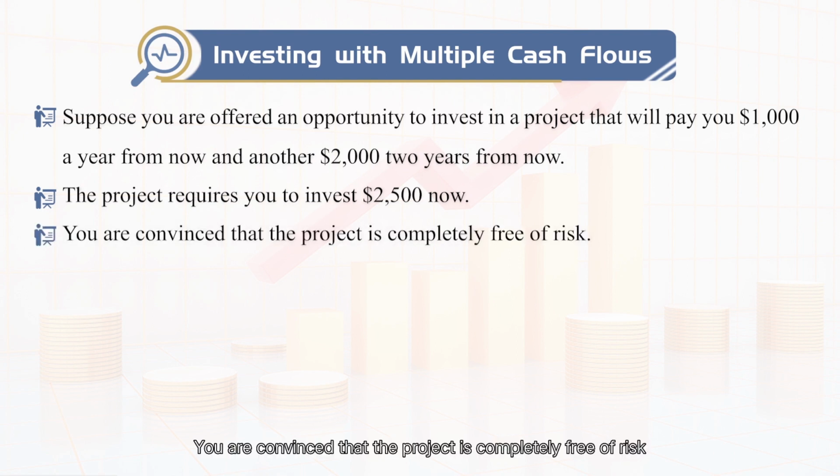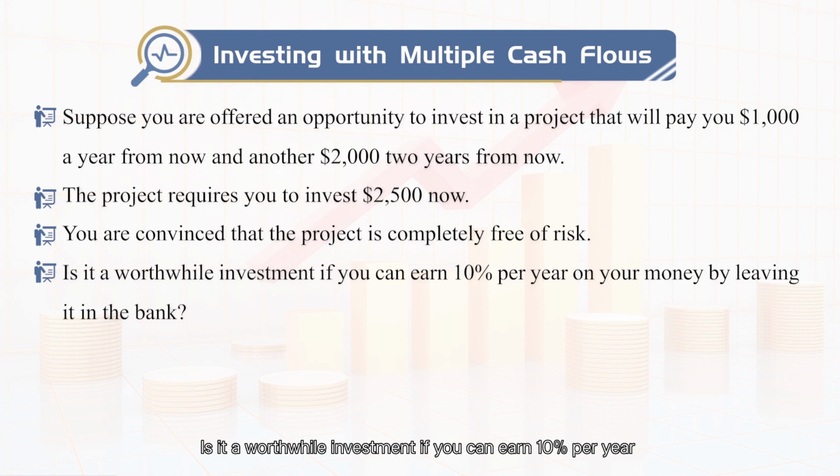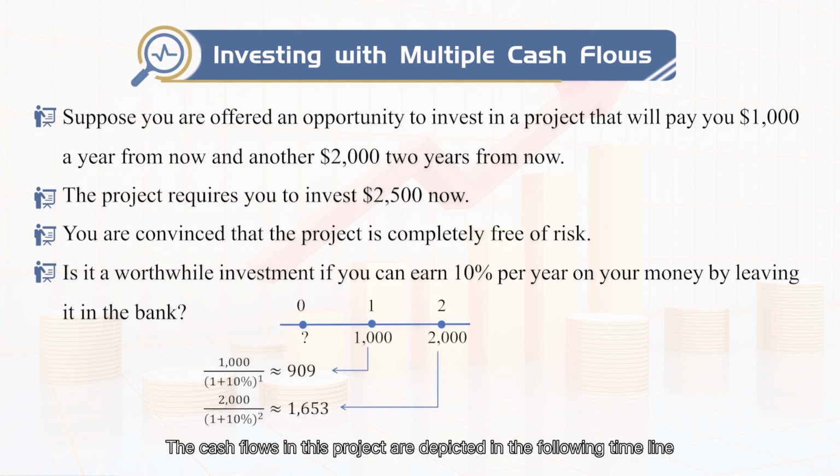You are convinced that the project is completely free of risk. Is it a worthwhile investment if you can earn 10% per year on your money by leaving it in the bank? The cash flows in this project are depicted in the following timeline, which resembles the previous one.